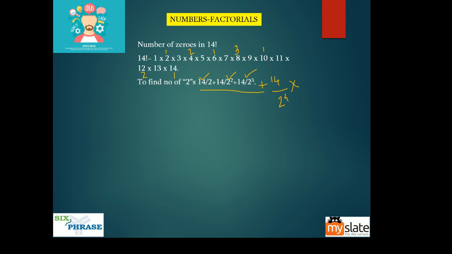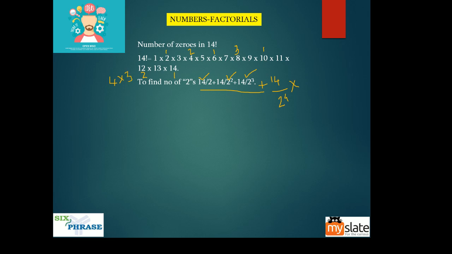See, I'll first tell you. Here there is 1, 2, so I've written 1. Here there are two 2's. Here there are three 2's because 2 into 2 into 2 is 8. Here there is only 1 2 because 2 into 5. Here there are two 2's because 12 is nothing but 4 into 3.